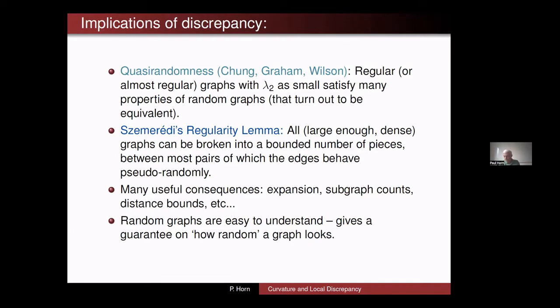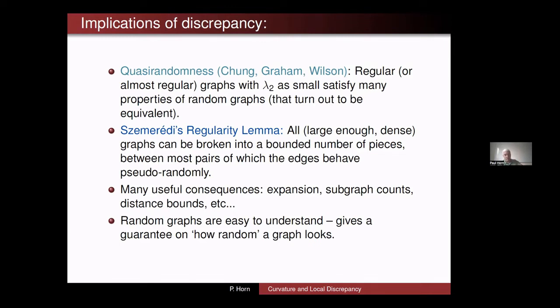And one thing that you can think of as almost building on this, but more broadly, is the regularity lemma. The regularity lemma says actually all large dense graphs can be broken into a bounded number of pieces, between which I get bipartite graphs, and these bipartite graphs are pseudo-random in some sense.